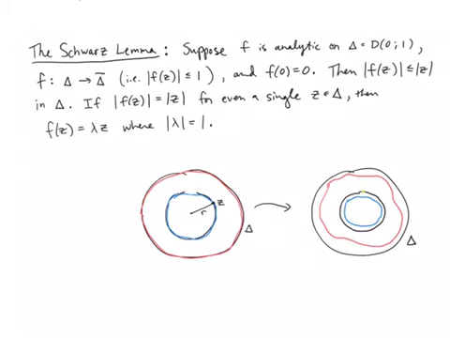I'll draw f of z over here, at the same norm as z itself. Then in fact this whole map is just a rotation. If you have even one point z, you could rotate z into its image f of z, since they have the same norm. If you can even do that for a single z, then in fact the whole map has to just be a rigid rotation.